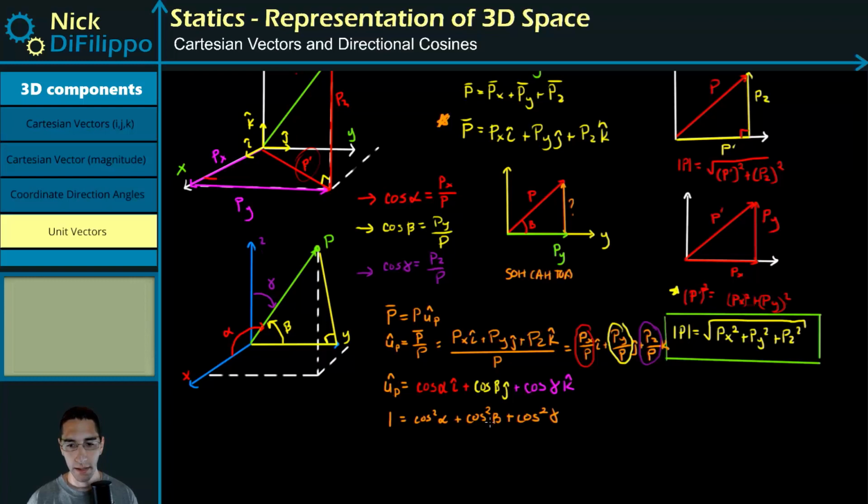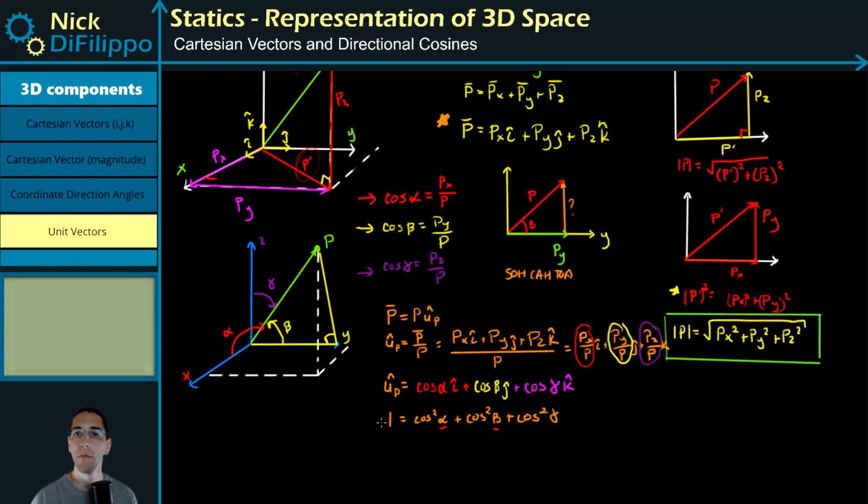It's just like what we said here. It's the sum of the squares of the components: the x component, y component, z component. This is important because if I know any two of these angles, I can figure out what the third angle is. So if I know alpha and I know beta, I can figure out what gamma is. I only need 2 angles to know all 3.